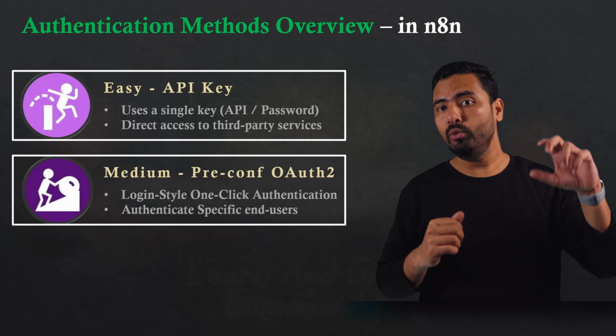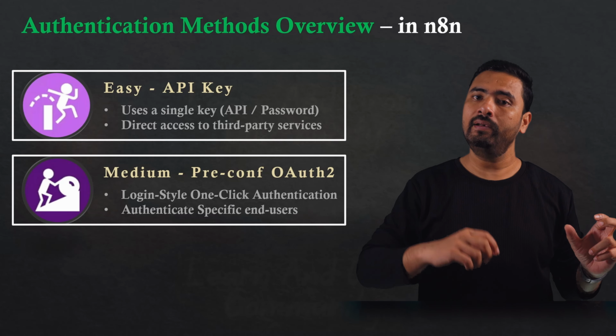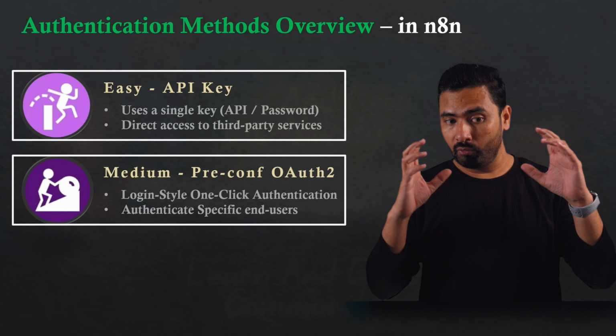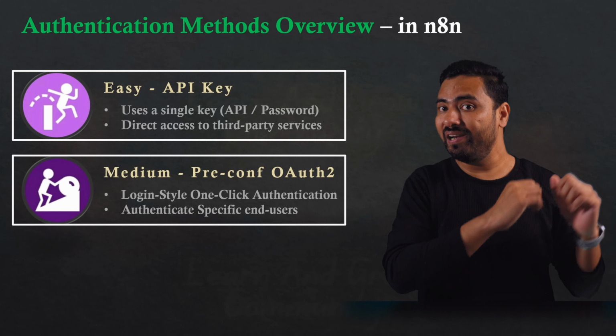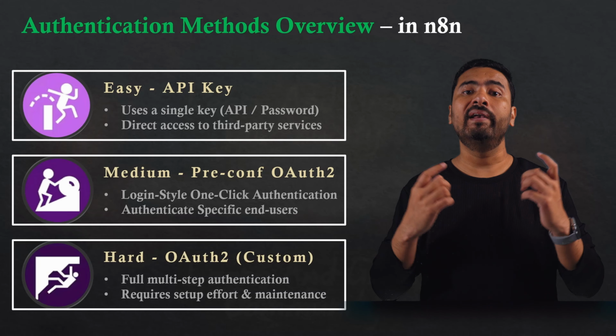Medium hard means that you need more than one authentication to bridge the connection between n8n and the third party tool, but one layer of authentication is well defined. And the complex one is when you need more than one authentication and you have to configure everything, like first level authentication, then second level authentication, then session level authentication, and all about that. And that is challenging, that is time taking, and sometimes it needs troubleshooting skills.